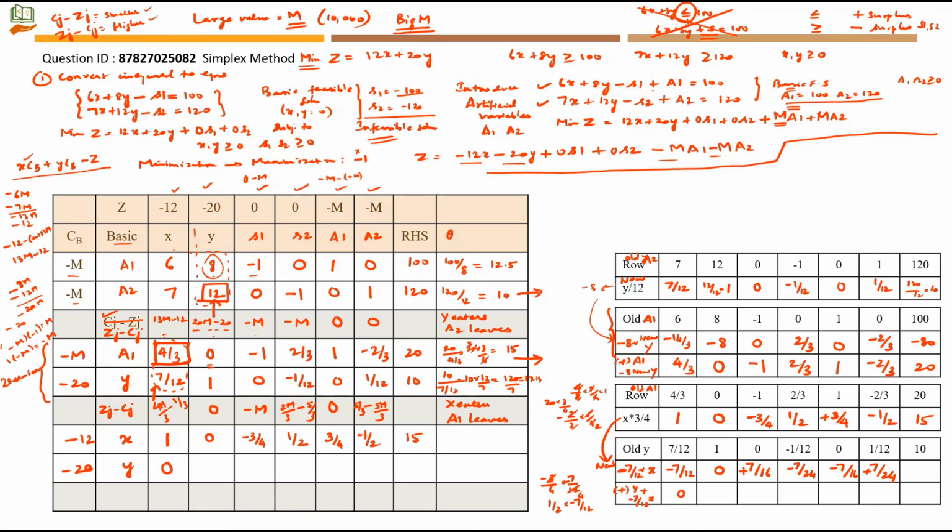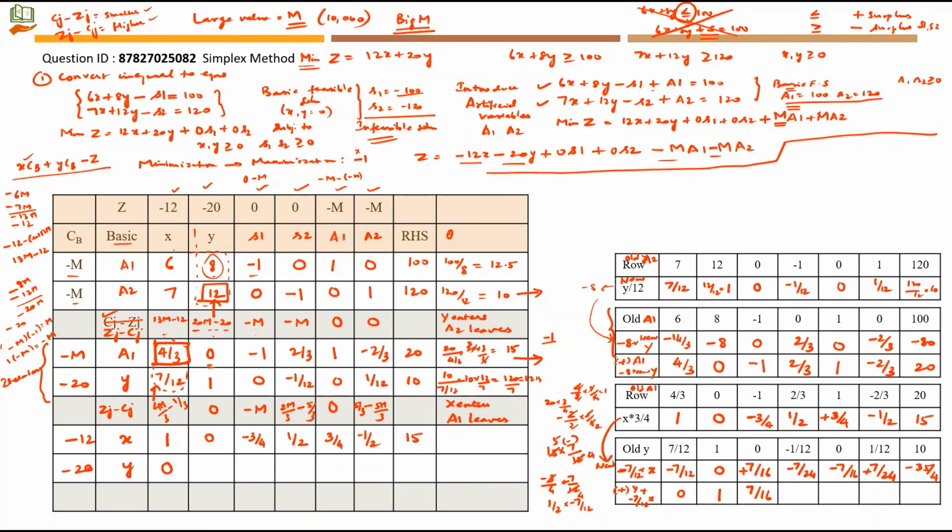Then we have a value 15 here. So 15 into 7 by 12, and we have a minus of course. 3 5s are 15. 3 4s are 12. So it is minus 35 by 4. Now you have to add this. So adding this we have already resulted in 0. 1 plus 0 is 1. 0 plus 7 by 16 is 7 by 16.